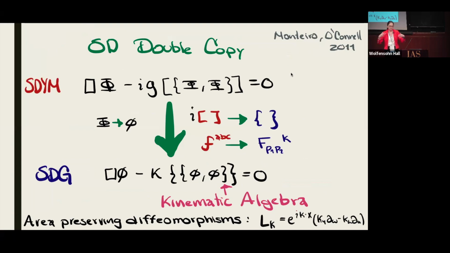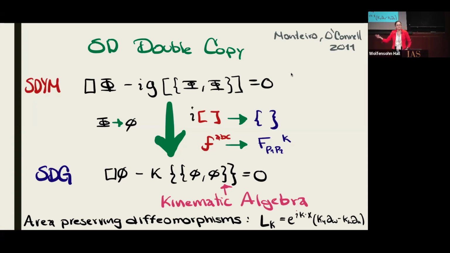So let me now just show you the idea of the double copy. Basically, you have your Yang-Mills theory now defined by this color-ordered scalar satisfying these simple equations of motion. And this describes all the self-dual solutions for Yang-Mills and your self-dual gravitational theory. So if you want to do the double copy at the level of the equations of motion, you will just have to exchange this color scalar by a normal scalar and the Lie bracket by the Poisson bracket.